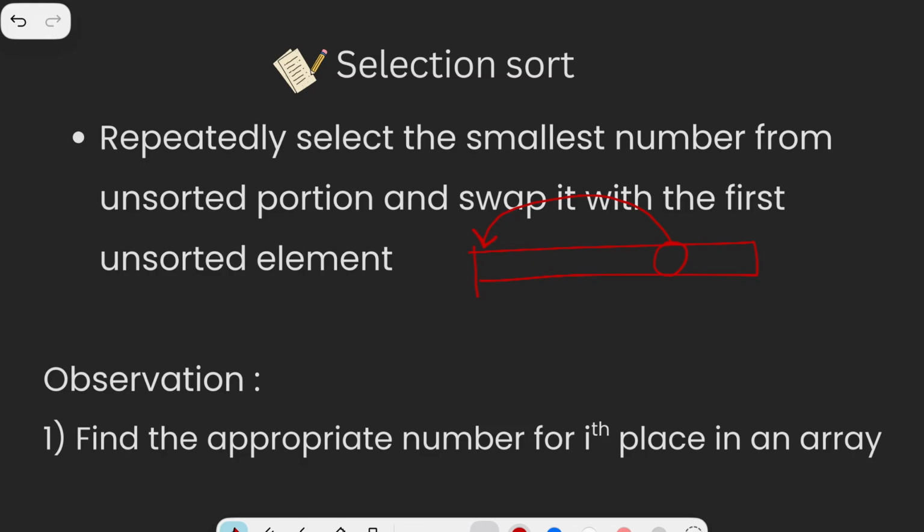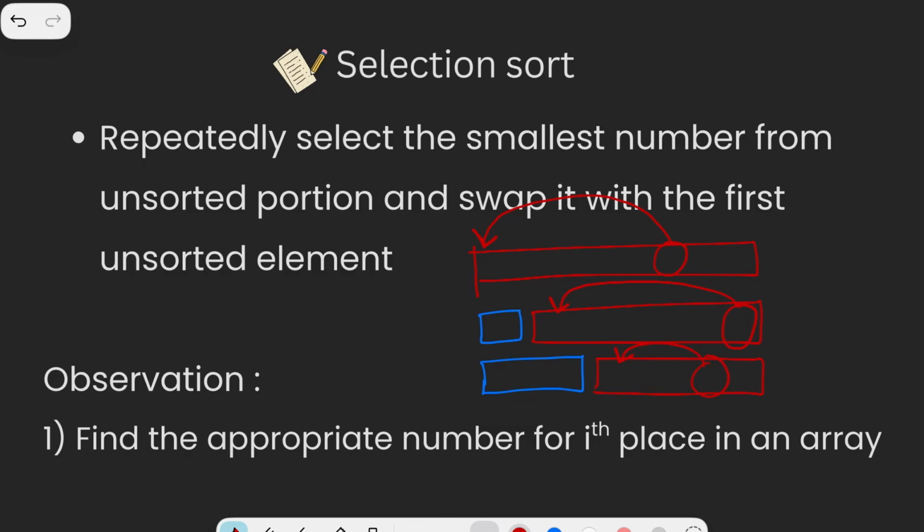So what will happen? Now you have this sorted element and the entire unsorted array. Again, you select the smallest element and you put it on the first place. Now you got two elements in correct position and you have this entire array. You select the element again and you put it on the first position.